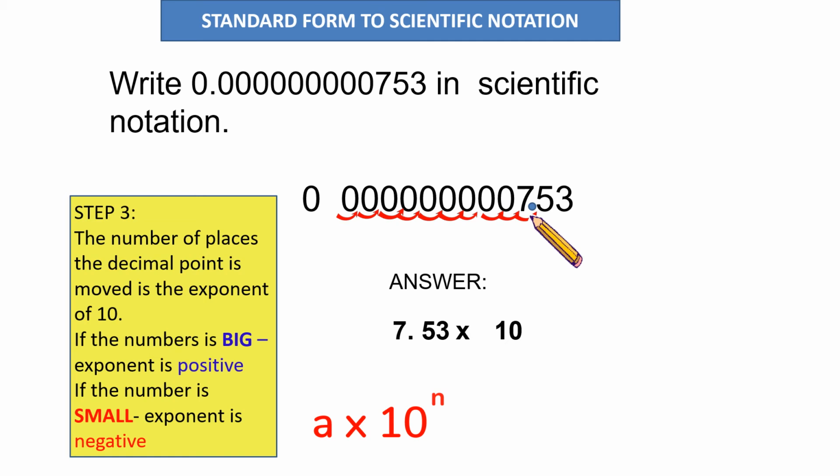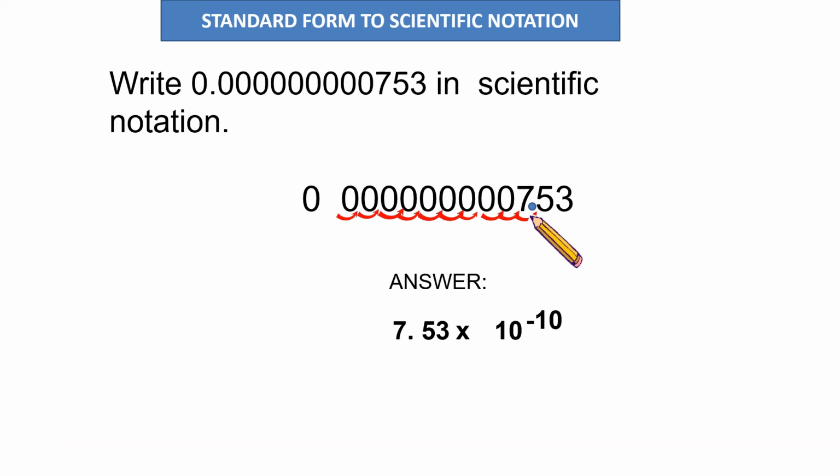Since the number is small, the exponent is negative. So it will be negative 10. So the answer is 7.53 times 10 raised to negative 10.